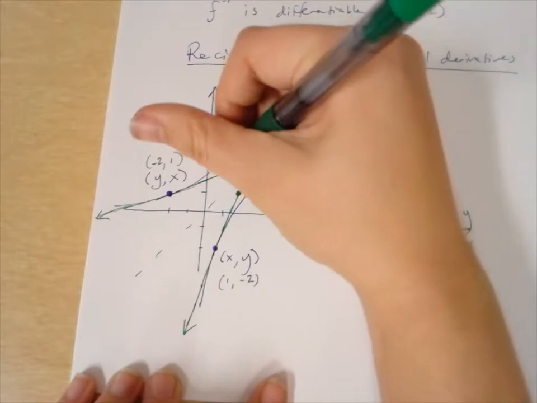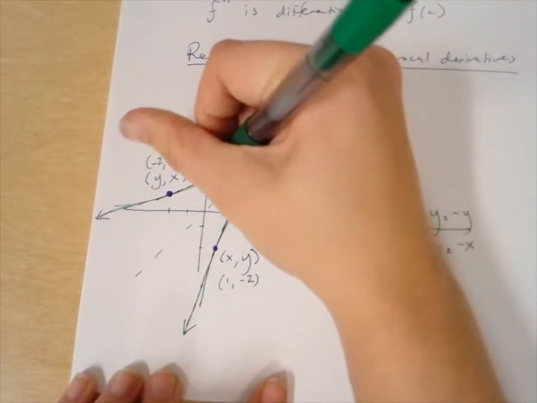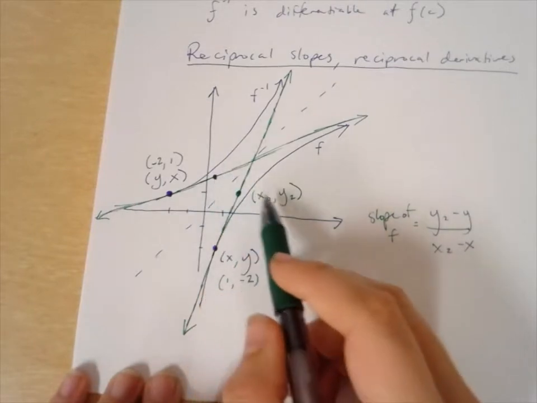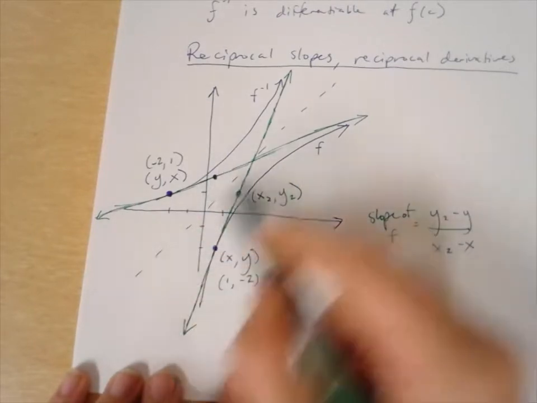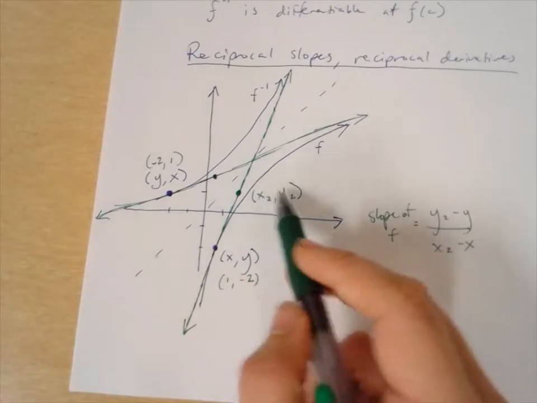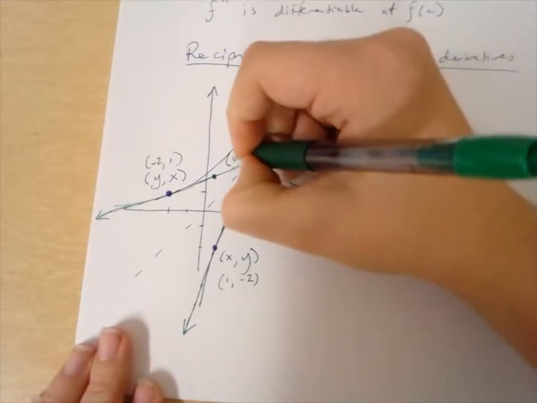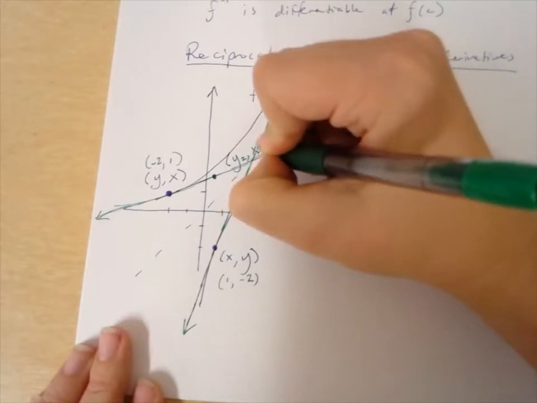Similarly, over here, if we had some other point on the tangent line going through our inverse, since it's reflected over the line y = x and its domain and range are switched from the other tangent line, we could call this point y2, x2.